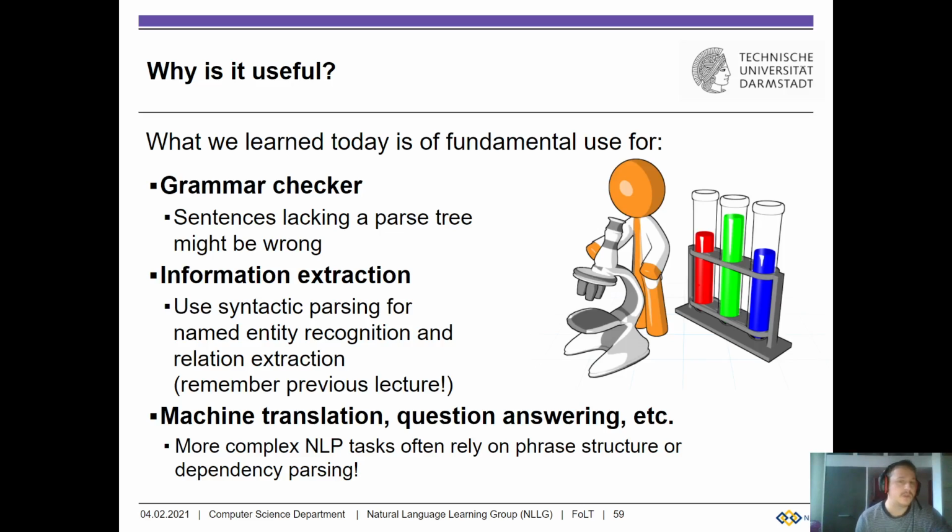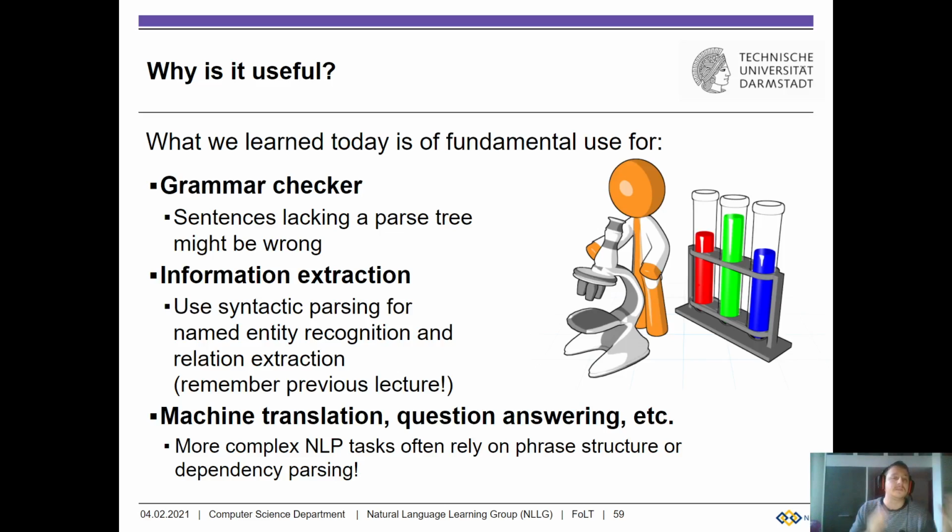Nowadays, with neural networks, it's actually less clear whether we should do this or whether we should develop end-to-end systems which only take the input string as input, so that a sentence or a document is input, and then internally do whatever analysis they think is necessary to solve any given problem at hand.